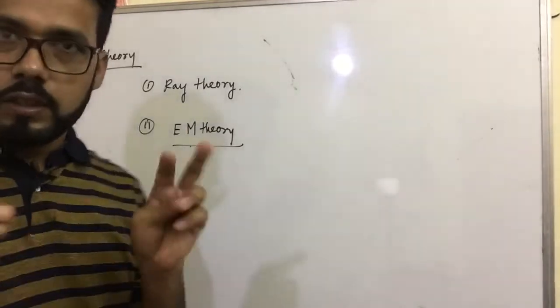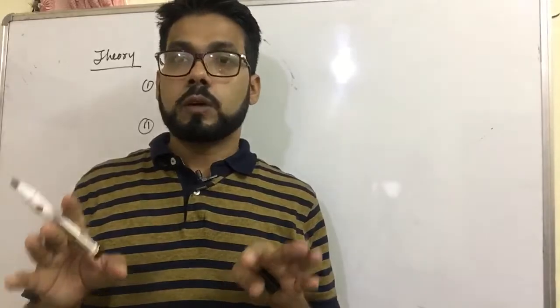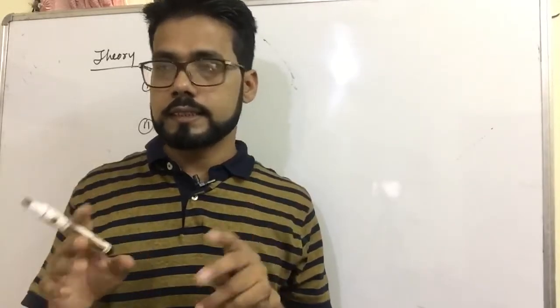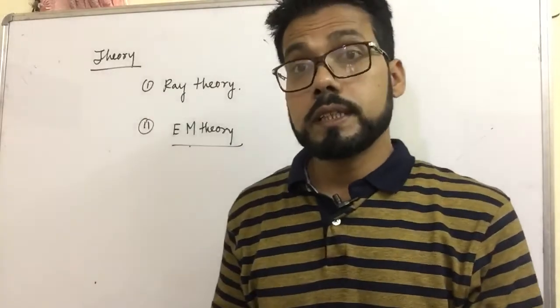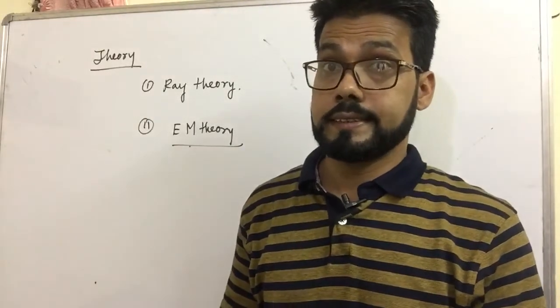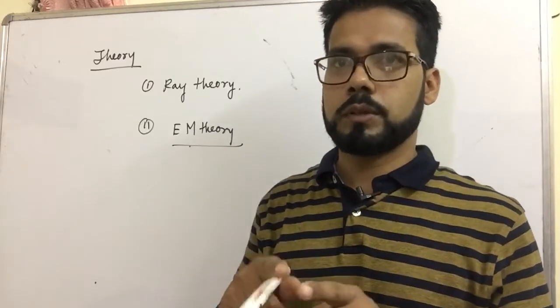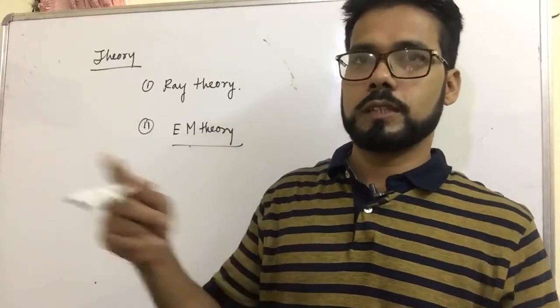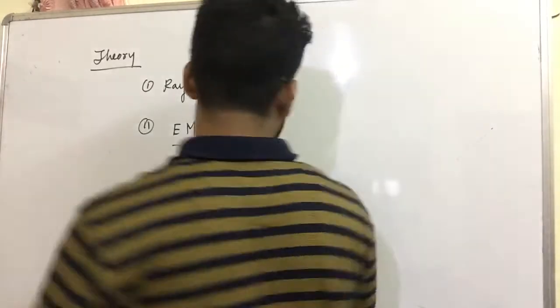In order to understand communication, we have to understand two theories. One is ray theory. Ray theory means geometrical optics, based on focal points, focus points, which we have already studied in ACES. That is a geometrical expression. We draw a diagram.